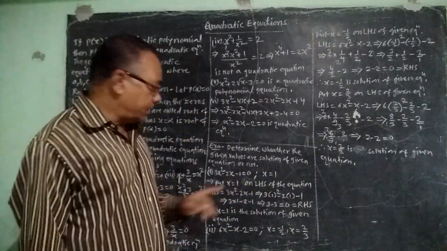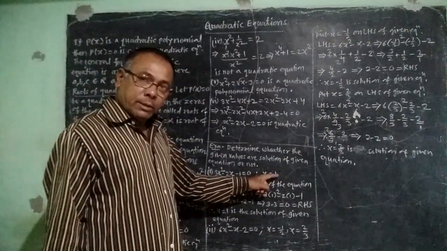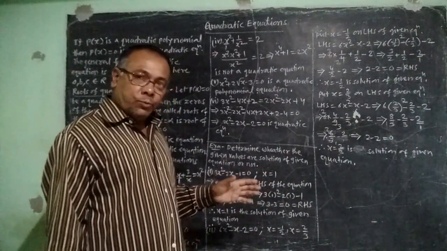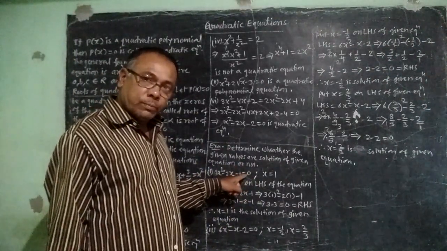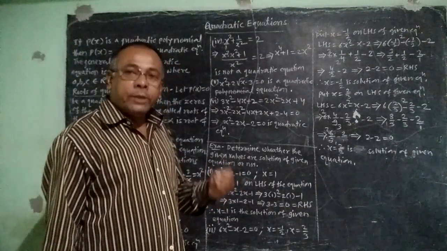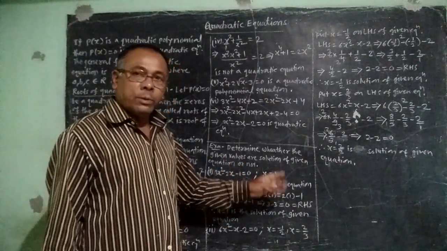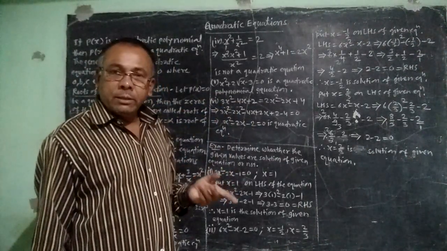We have to find out whether, if we substitute x is equal to 1 in the given equation, we get RHS is equal to 0. And if we get RHS is equal to 0, then x is equal to 1 will be the solution of the given equation.